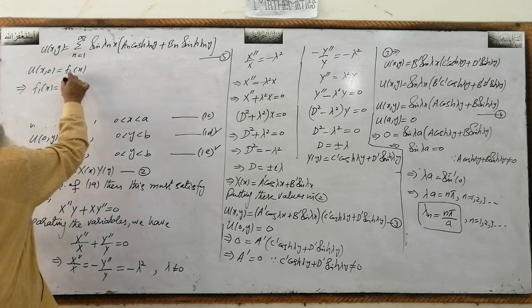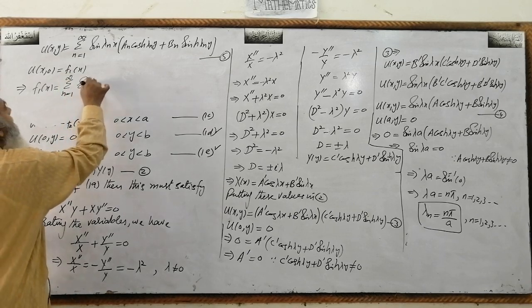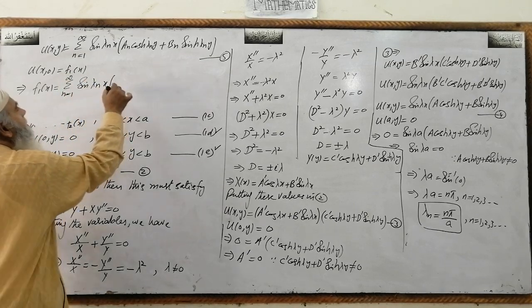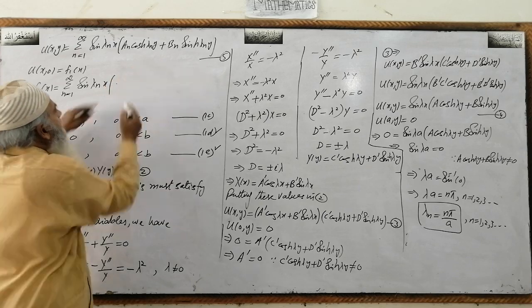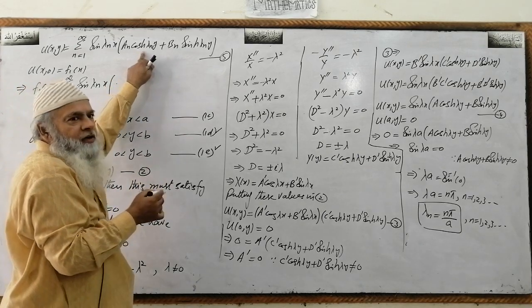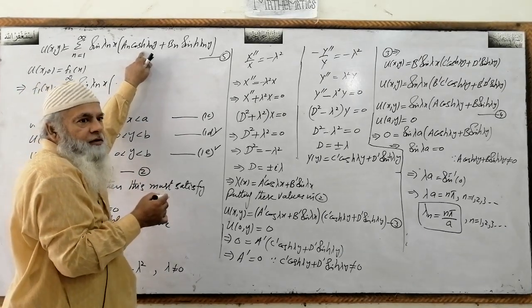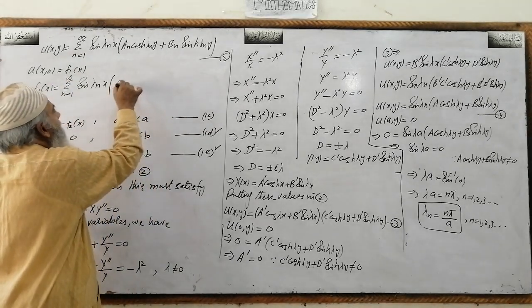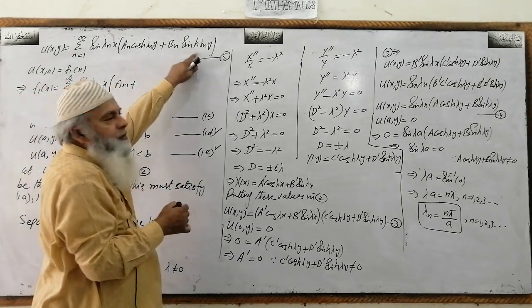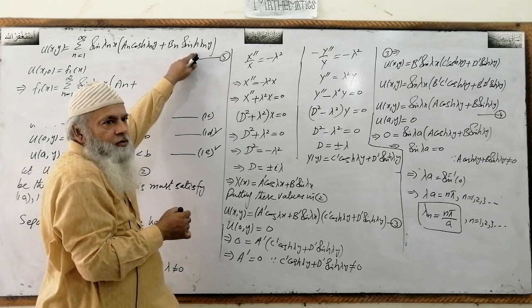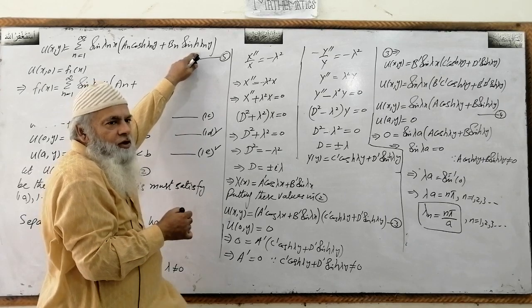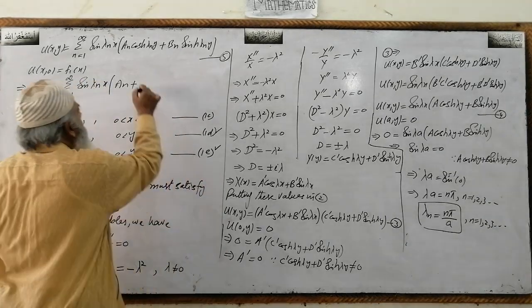Sigma n varies from 1 to infinity sine lambda n x. When you put here y is equal to 0, cos hyperbolic 0 is equal to 1. This becomes a_n, and sine hyperbolic 0 is equal to 0, so this term will become 0.